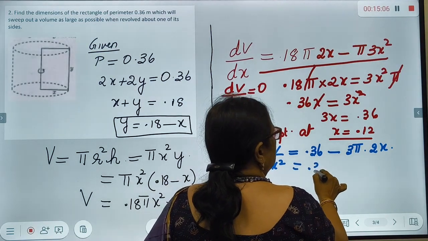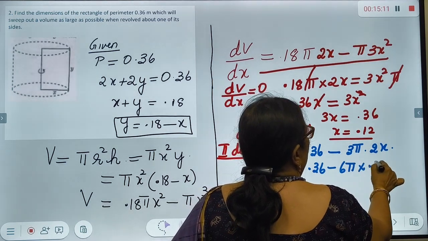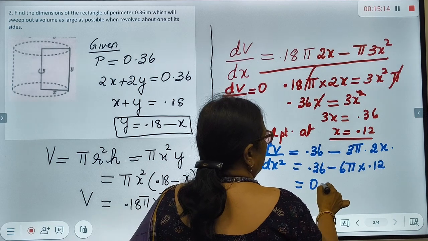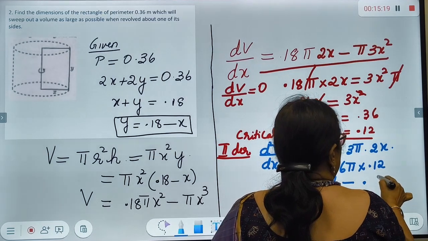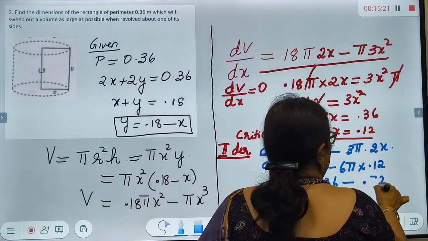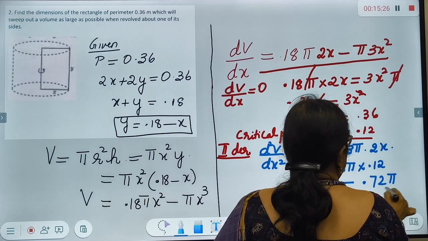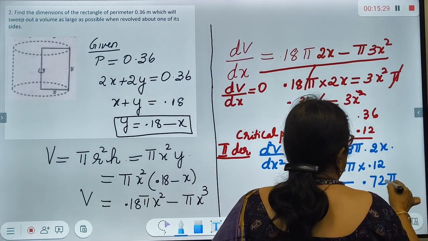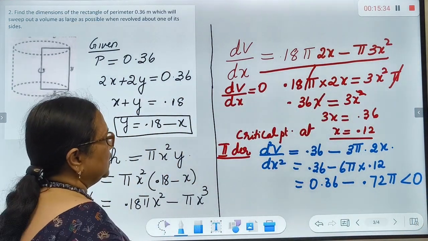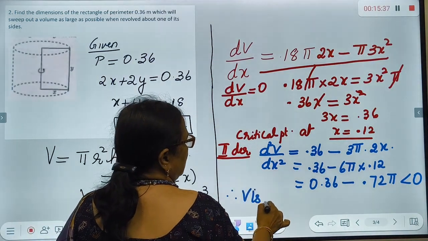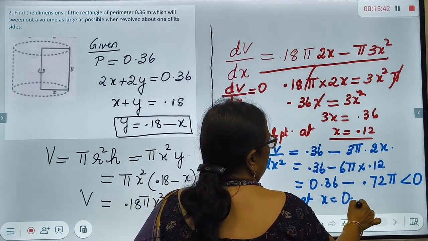This is 0.36 minus 6 pi into 0.12, which is 0.36 minus 0.72 pi. Definitely 0.72 pi is greater, so this will be less than 0. Therefore, V is maximum at x equal to 0.12.